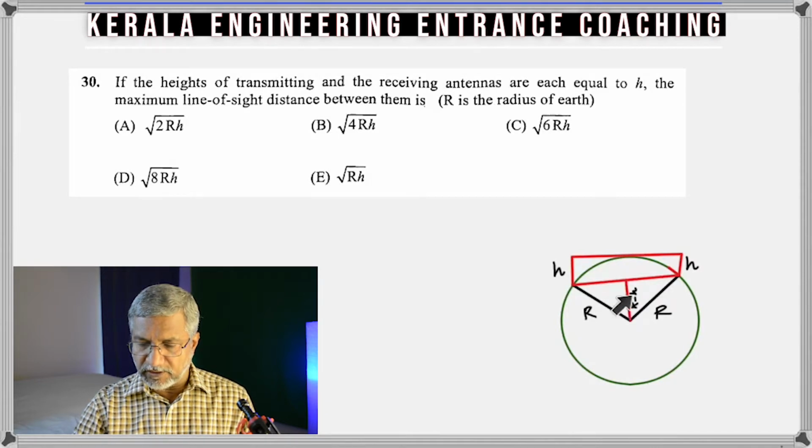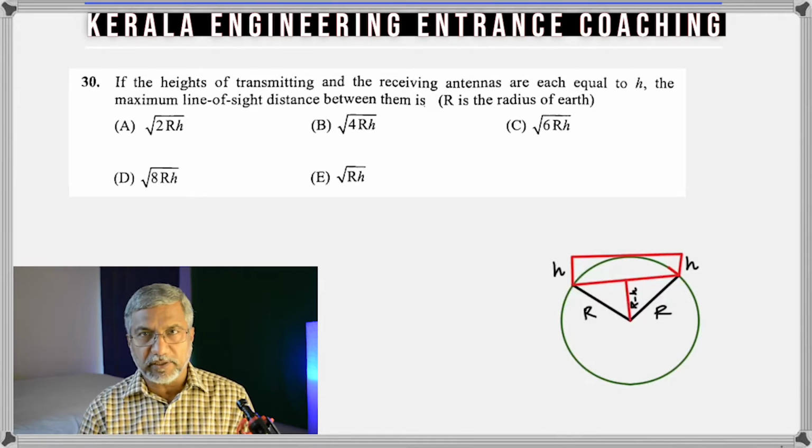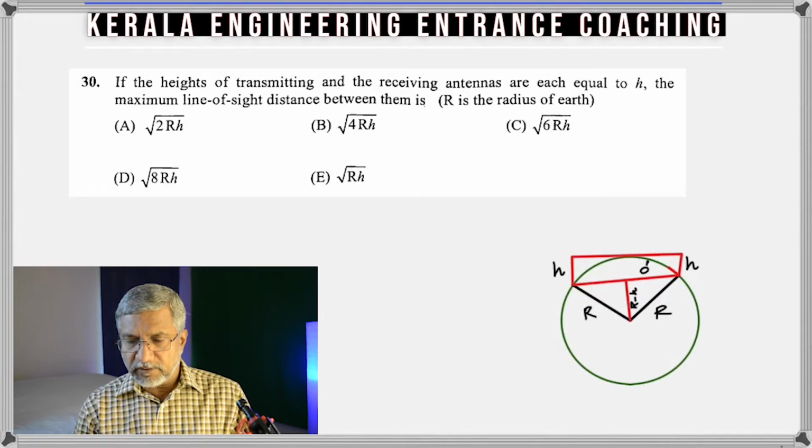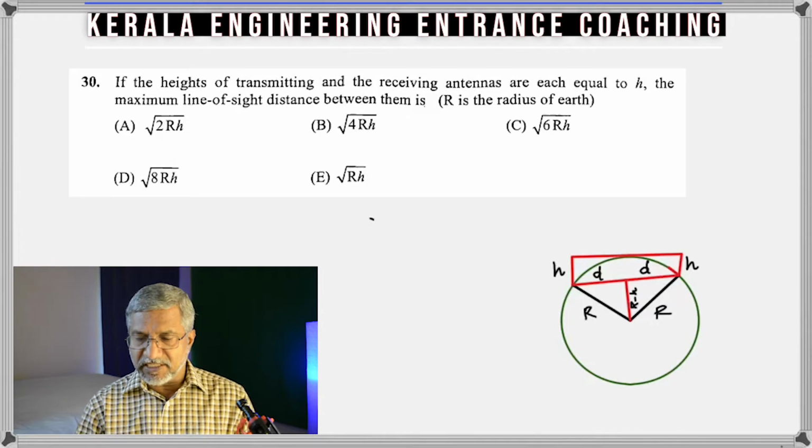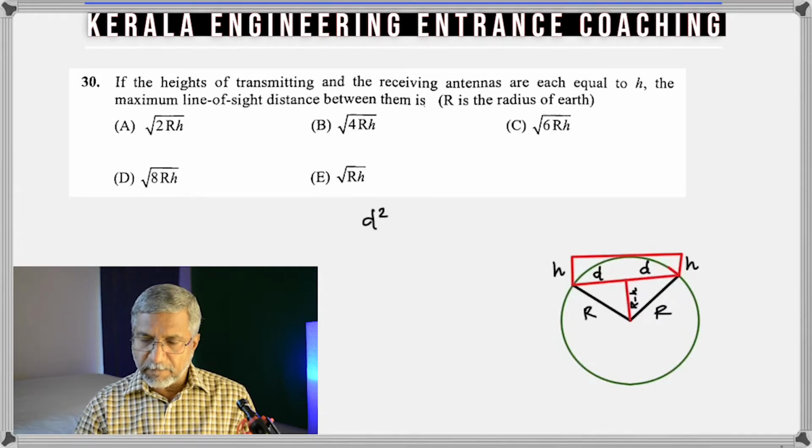So the remaining distance should be r minus h. So now you have a right angle triangle here where you can apply the Pythagorean Theorem. So let me take that as d. Of course, d is the distance from the midpoint to where the antenna is.